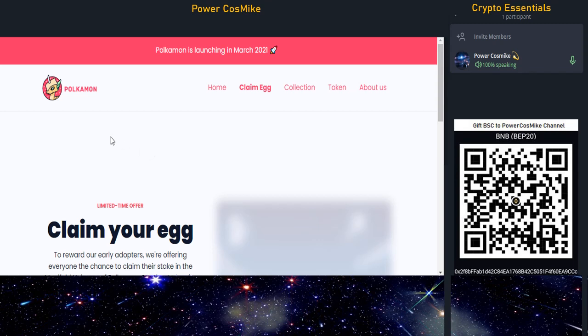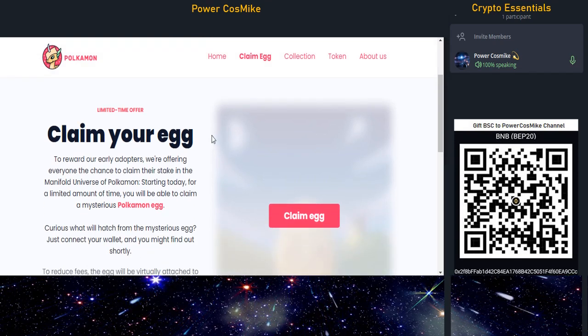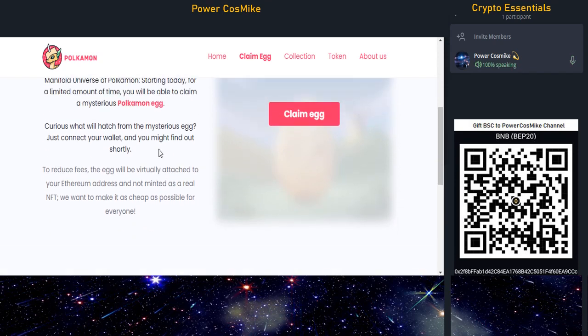The nice thing is this is essentially a giveaway, but it's not entirely free, because you're also paying for the gas fee to just claim the egg. So the actual NFT, if you're lucky enough to get one, so everybody will get an egg that enters this process, but not everybody will get an actual Polkamon.